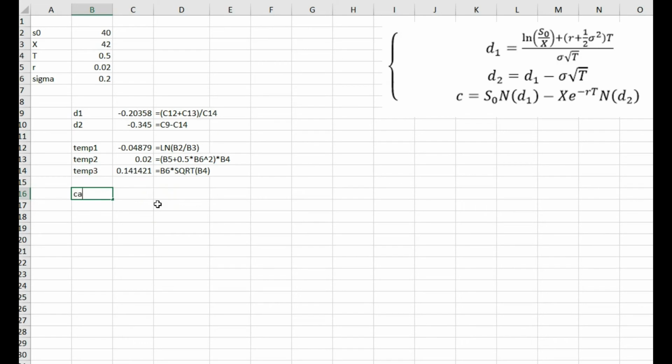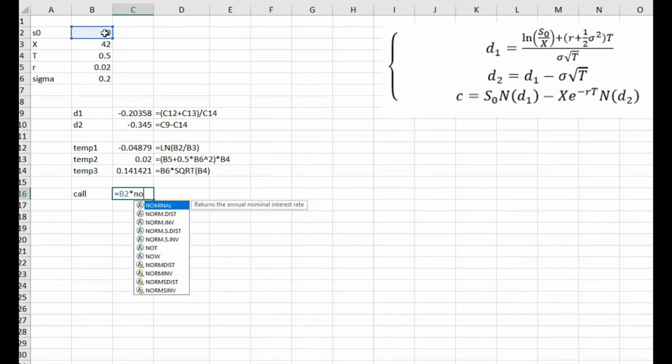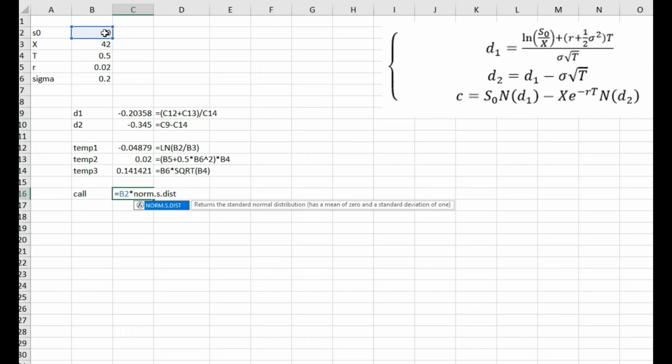So this is the call option. The call option equals today's stock price S0 times NORM.S.DIST, the cumulative standard normal distribution, of D1, comma, 2.